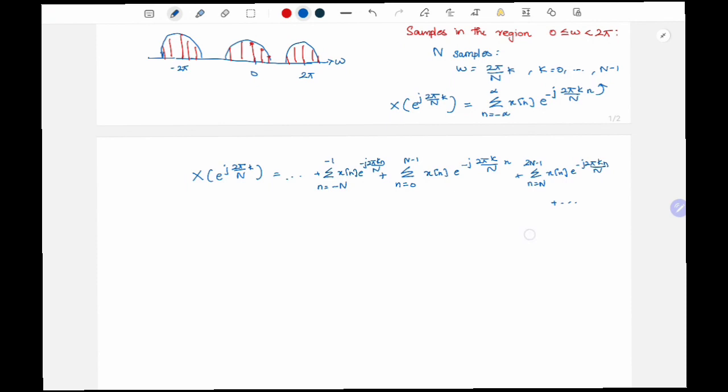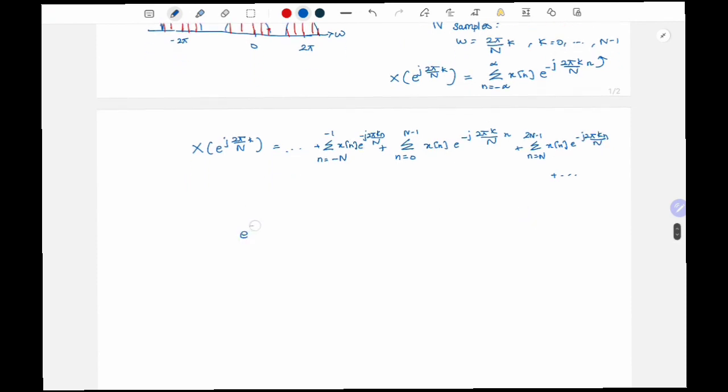So why I am writing like this is, if you notice this e power minus j 2 pi k by N into n, if I replace n with n plus N, then you can see it is periodic. So e power minus j 2 pi k (n plus N) by N is nothing but e power minus j 2 pi k n by N into e power minus j 2 pi k.